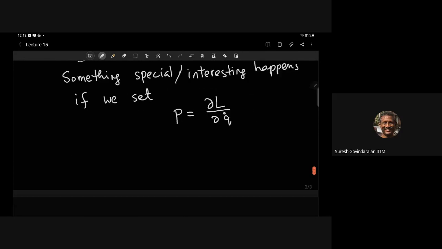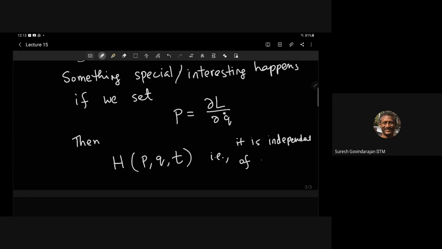Okay, then it's as if h is a function of p, q and t.